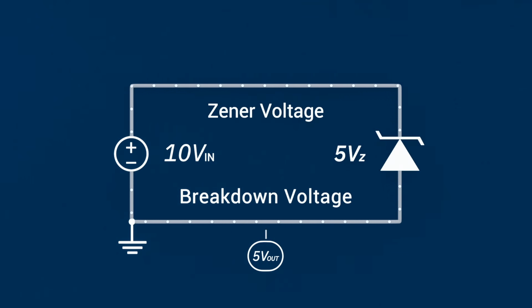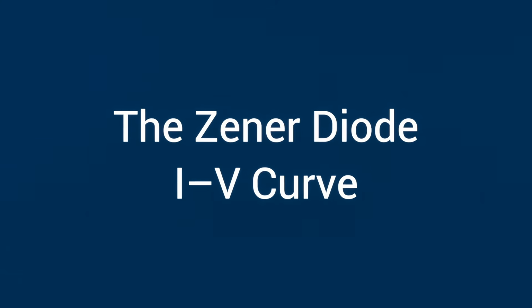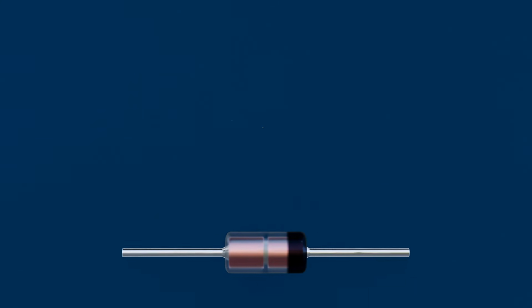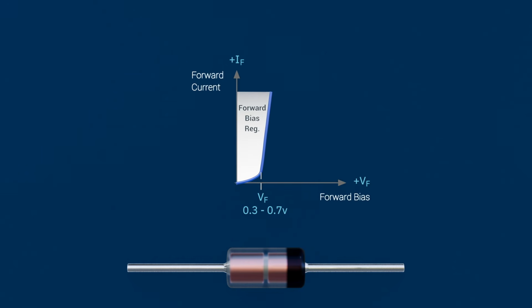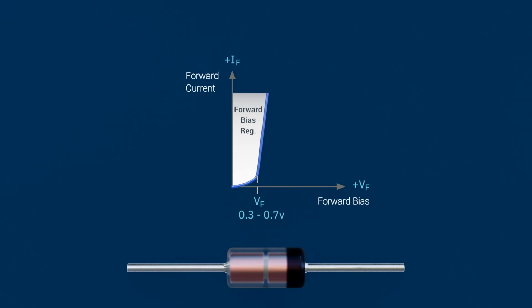The clearest way to see this behavior is by looking at the Zener diode current voltage characteristic, or IV curve. The Zener diode IV curve. If we look at the Zener diode IV curve in the forward bias direction, the IV characteristic looks just like that of a standard silicon diode. The current remains very small at low voltages and then increases sharply once the forward voltage exceeds the junction's turn-on threshold.